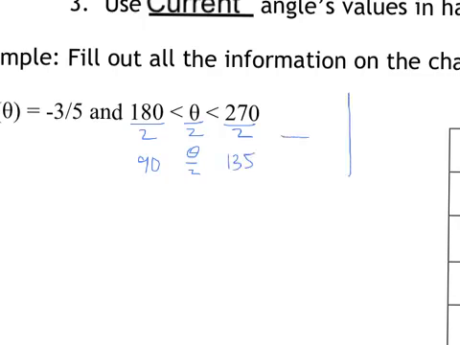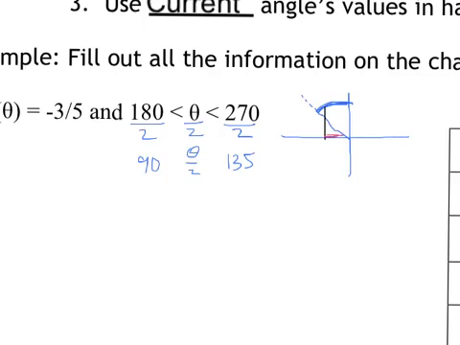And so if I look at that picture, here's 135 degrees. Theta halves is an angle somewhere in here. And I can now decide that sines in this quadrant, in quadrant 2, above the y-axis, sines are definitely positive.